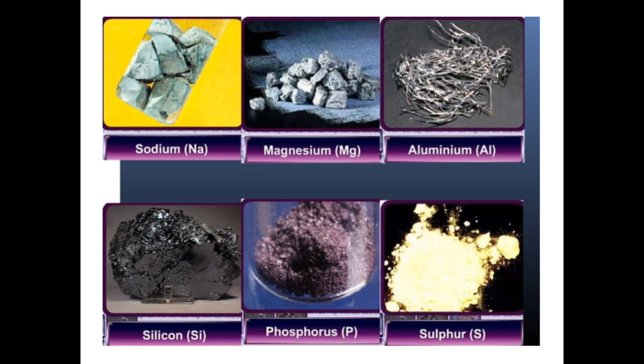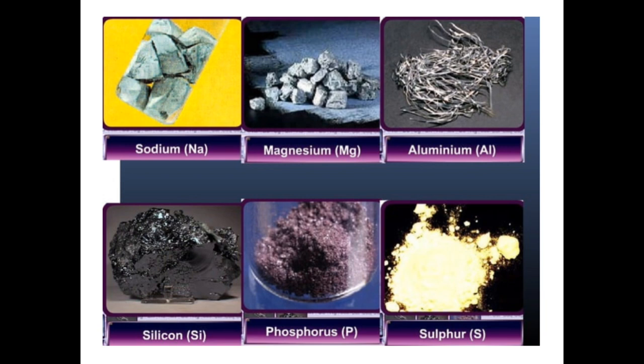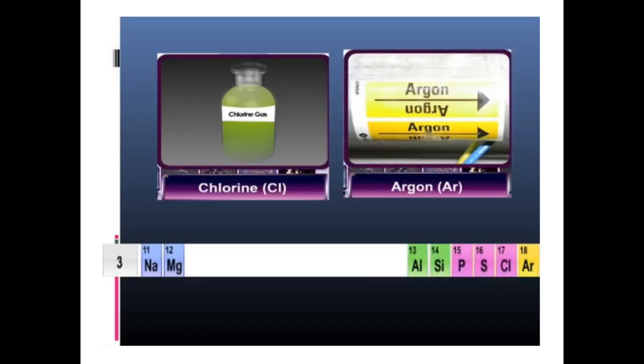You can see aluminium also metallic gray or silver color, as the case may be. Chlorine is a greenish yellow gas, and argon there. So these are various colors of the elements in period 3.